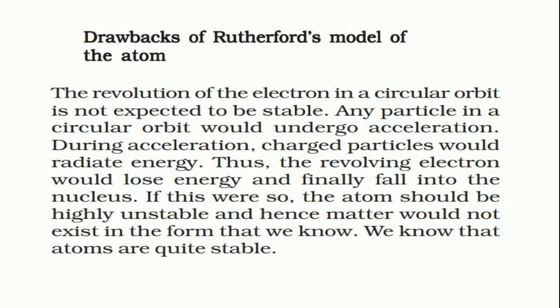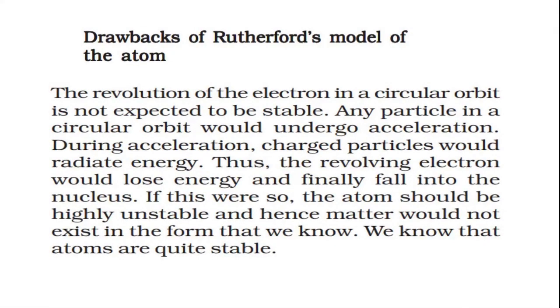It will go fast. So during acceleration, what will happen? These charged particles radiate energy, ma'am. Very good. So the revolving electron loses its energy and falls into the nucleus, ma'am. It will fall into the nucleus.